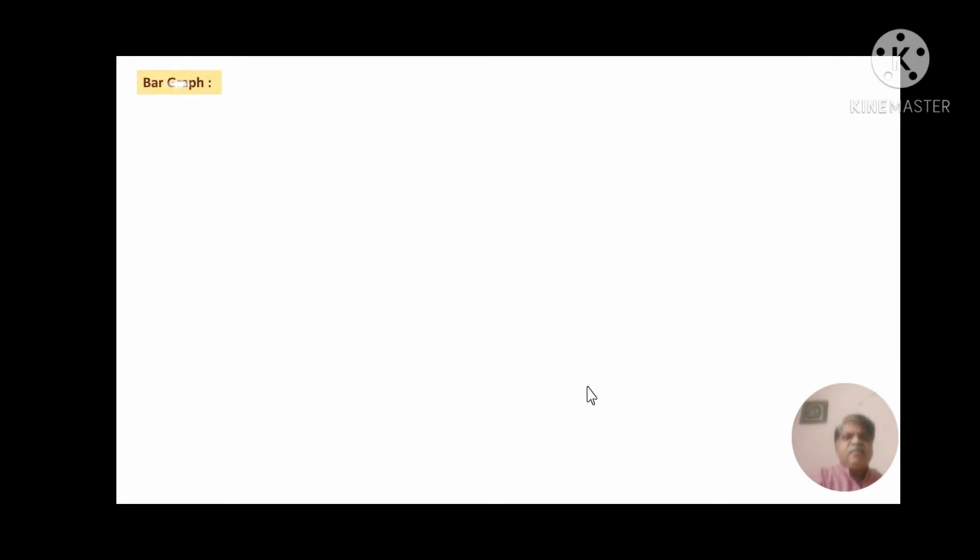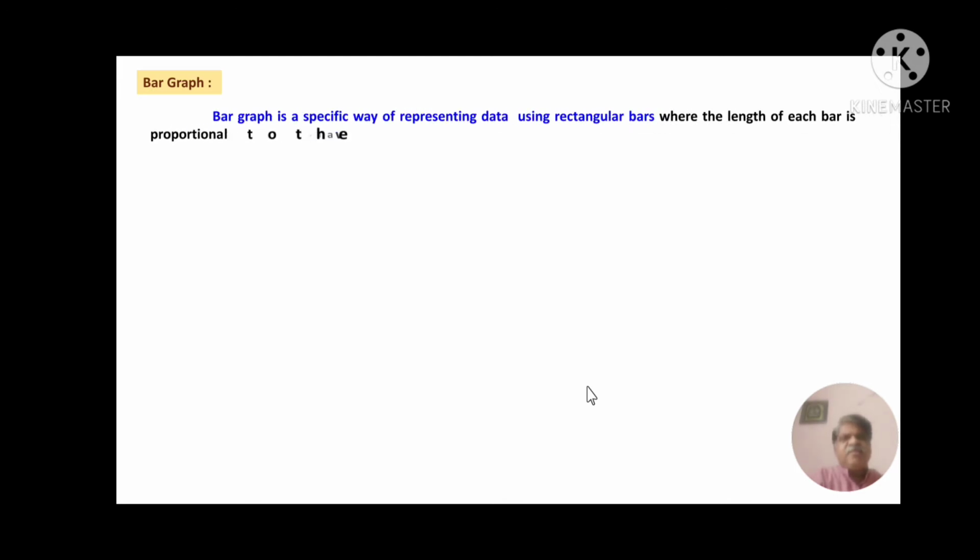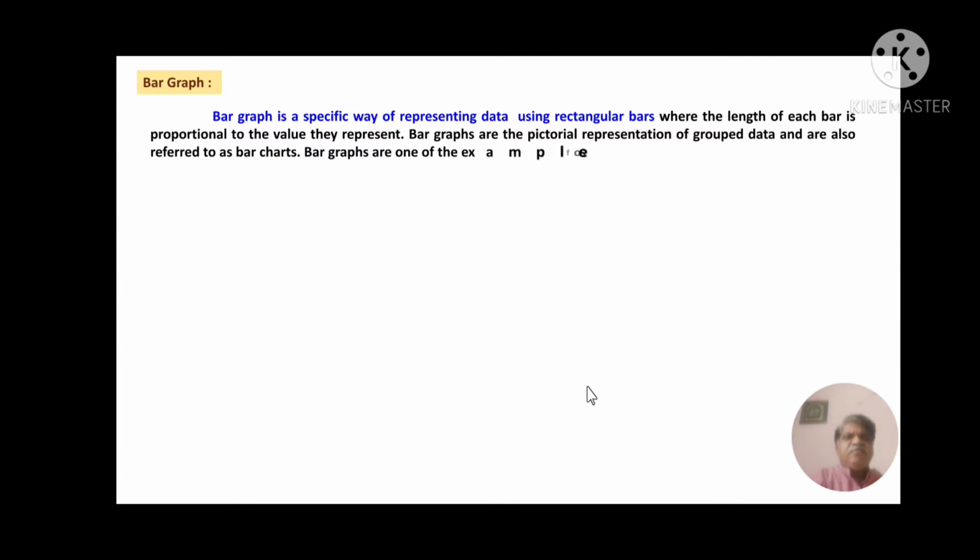Friends, what is a bar graph? A bar graph is a specific way of representing data using rectangular bars, where the length of each bar is proportional to the value it represents. Bar graphs are the pictorial representation of grouped data and are also referred to as bar charts.